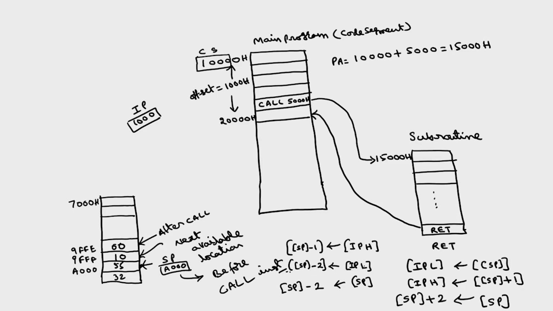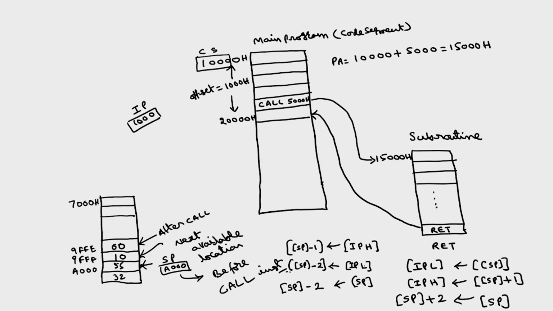So, this is about the call instruction and return instruction. This also comes under the branch instructions. We have discussed the various branch instructions like unconditional jump and conditional jump instructions. We have 17 conditional jump instructions, and then we have the call instruction to call the subroutine.